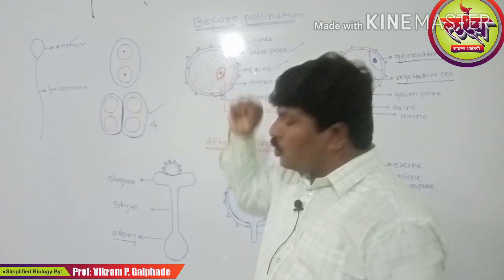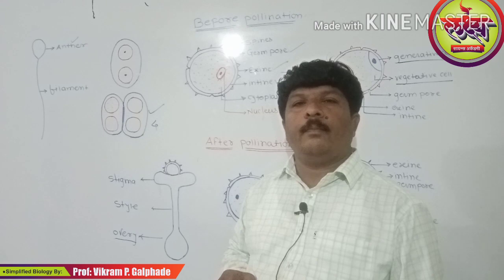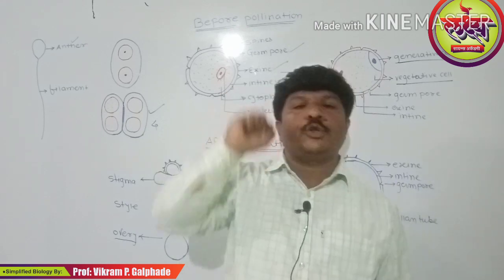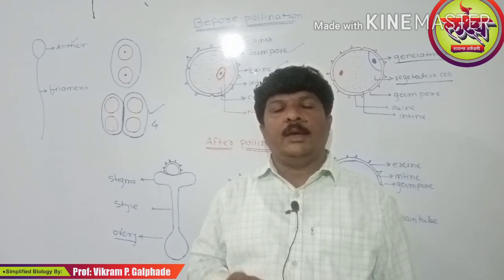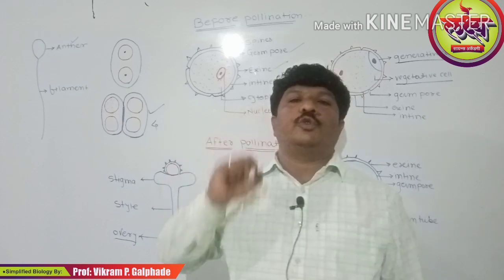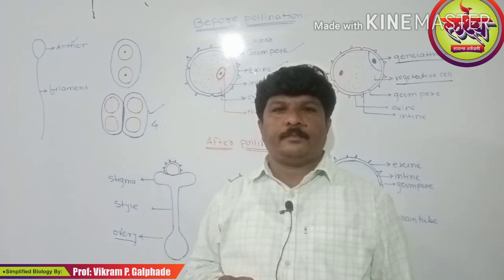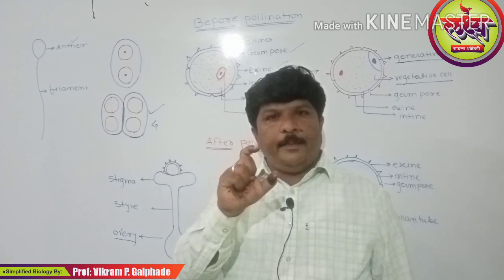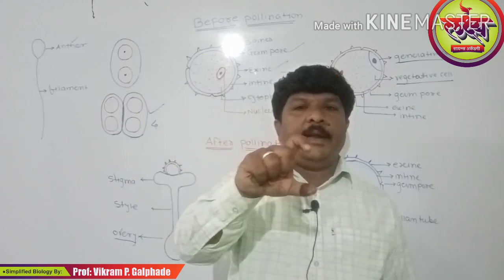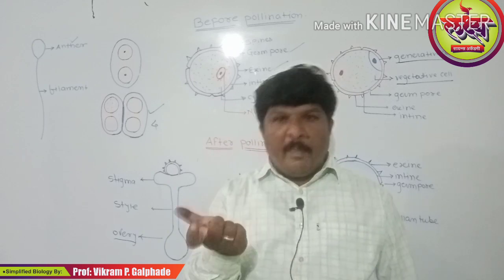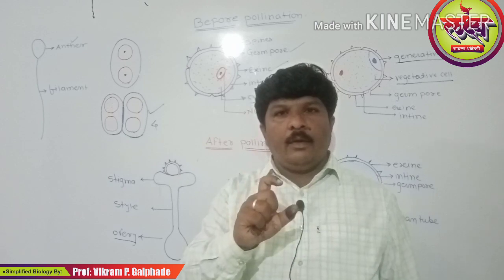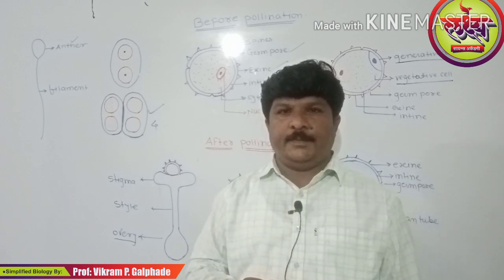Pollen grains dust on the stigma. When a pollen grain lands on the stigma, it starts to match its receptors with the receptors of the stigma. When the receptors of the pollen grain and stigma match with each other, germination begins.